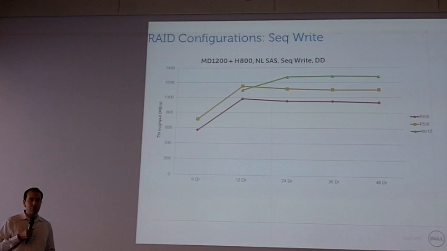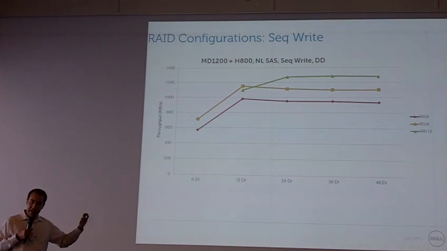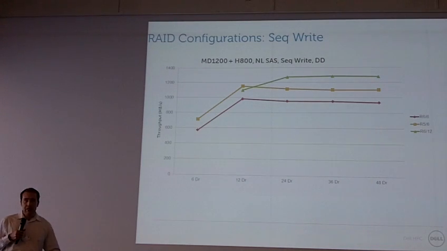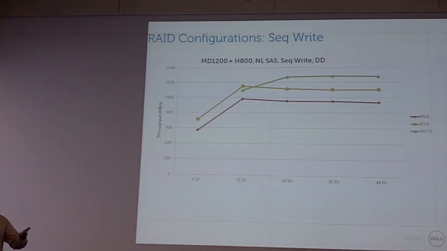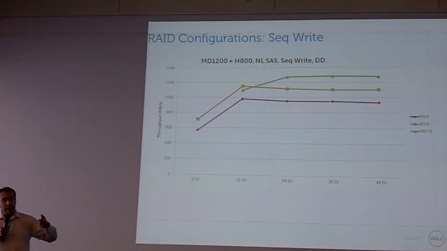Just wanted to give you a quick snapshot of some of the studies that we did that led to the design of these configurations. So one of the things that, as I mentioned, we looked at was the RAID mode. We evaluated RAID 5, RAID 6, RAID 60.